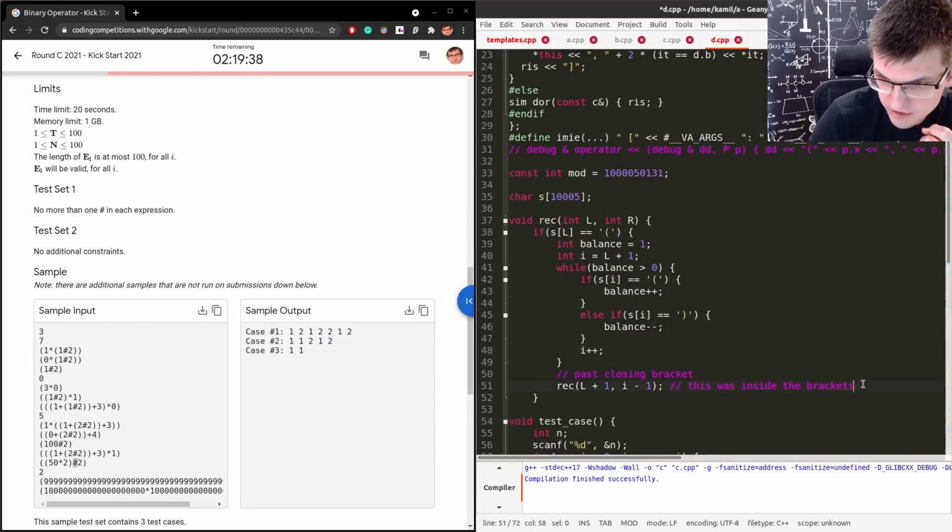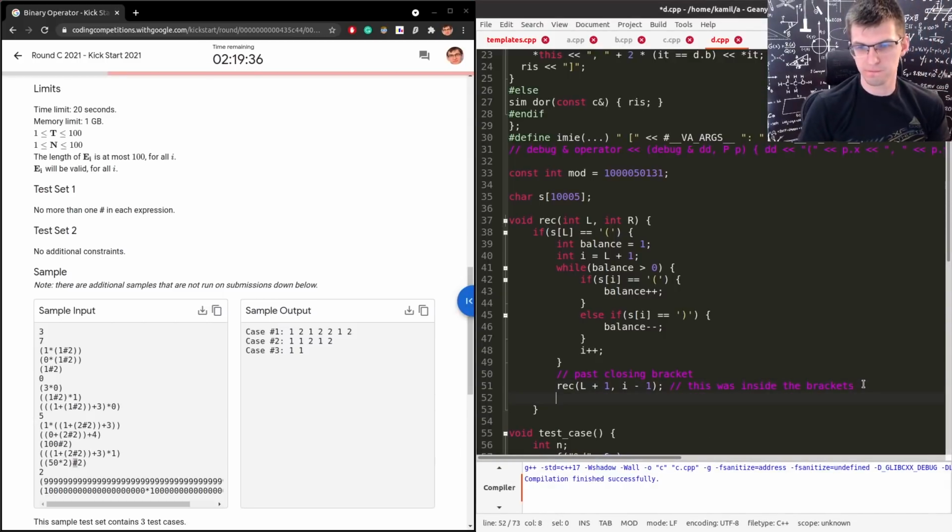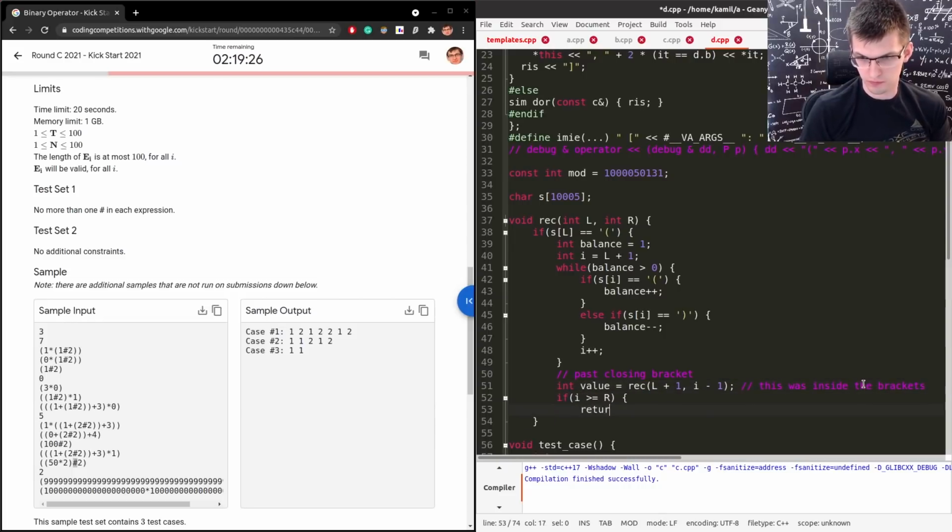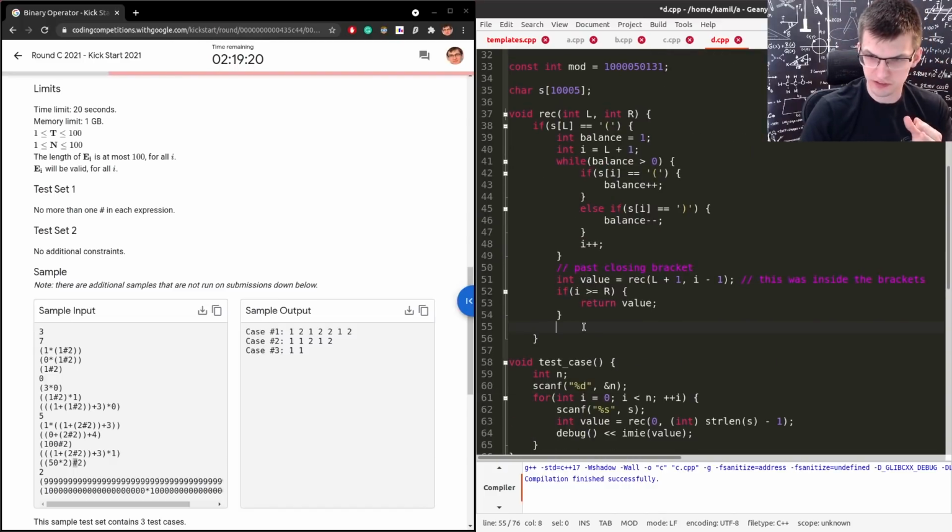Outside brackets, either this is everything, or there is now some operation.